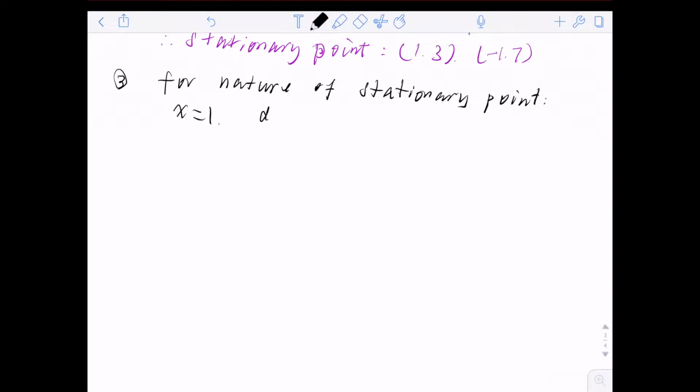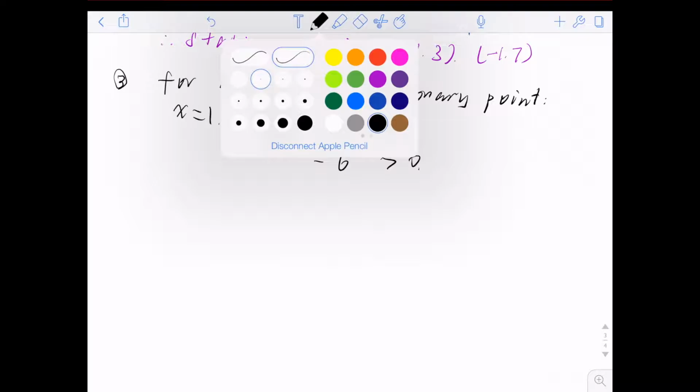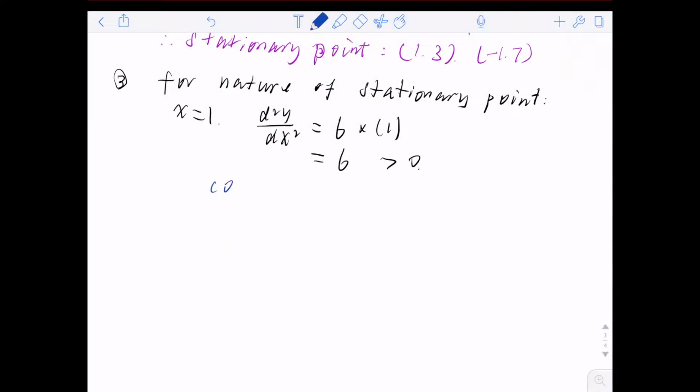So I do 6 times 1 equals 6, which is bigger than 0. So what does that mean? At that point it is concave up. So therefore, 1 and 3 is a minimum turning point.